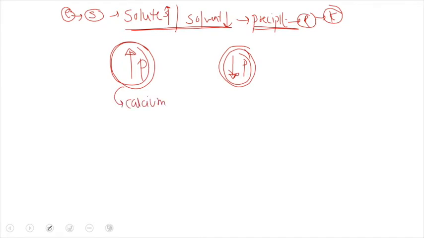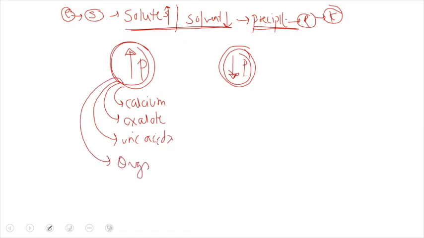If more calcium is being filtered, it is highly likely to be precipitated as a renal stone. Not just calcium, also oxalate, along with uric acid, and also drugs. Whenever these substances are present in the urine in a higher amount, they are very likely to be precipitated, and hence these are the precipitating factors.